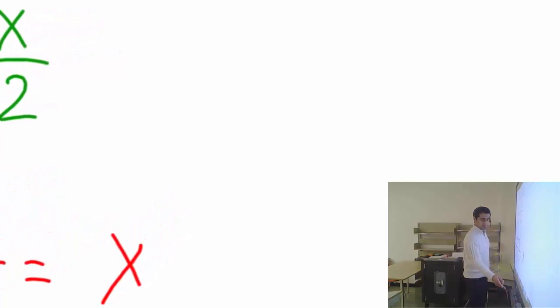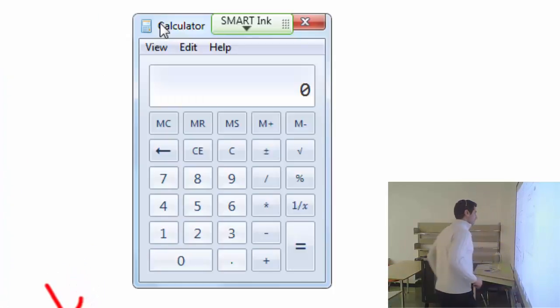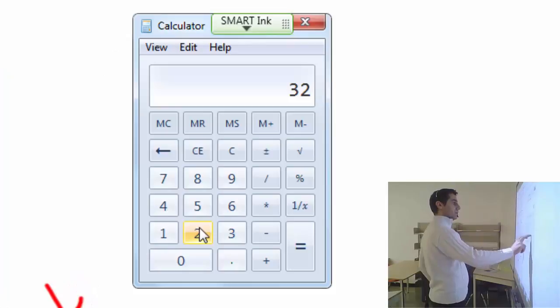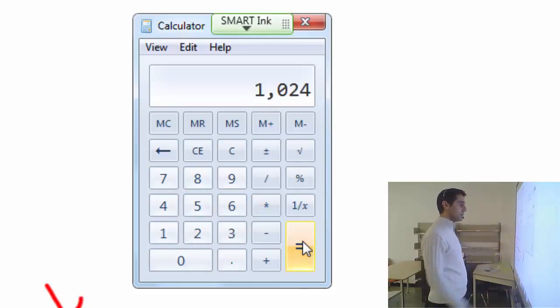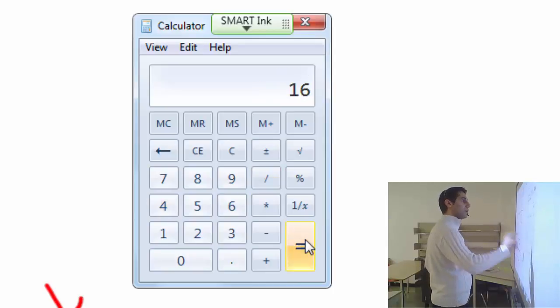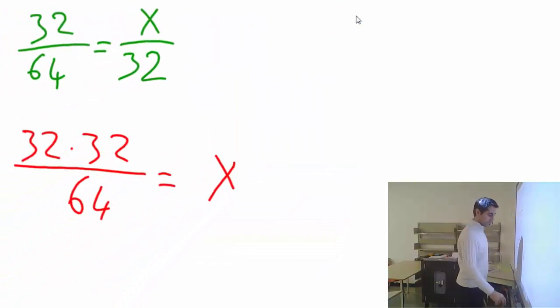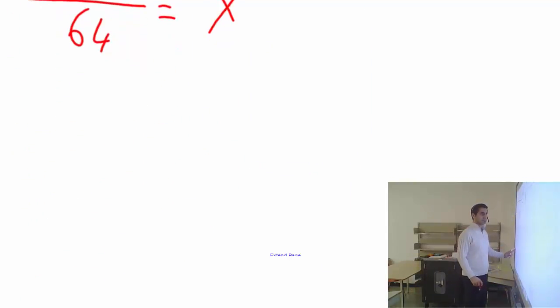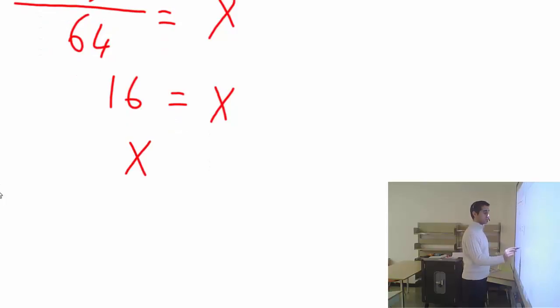Let's do that. Thirty-two times 32 equals this number divided by 64 equals that number, 16. So x equals 16, or the other way around, x equals 16. They are both the same.